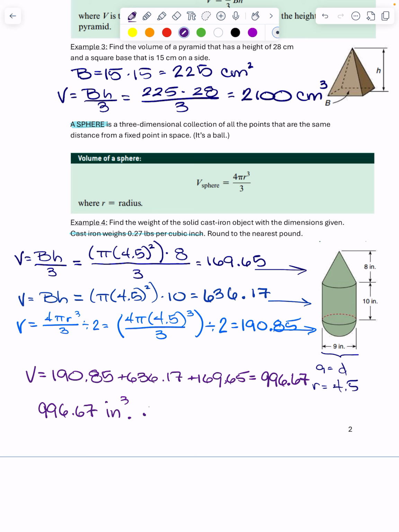So 0.27 pounds per 1 cubic inch. And notice I am writing this because I want to make sure that the units cancel and I end up with the units I want. If I multiply this, the only units I have is pounds. I get 269.1. So 269 rounded to the nearest pound, pounds.